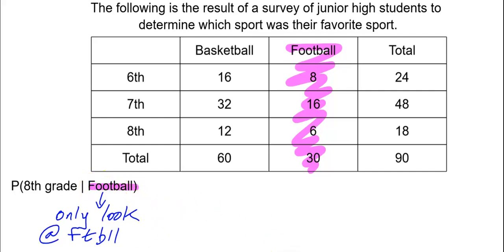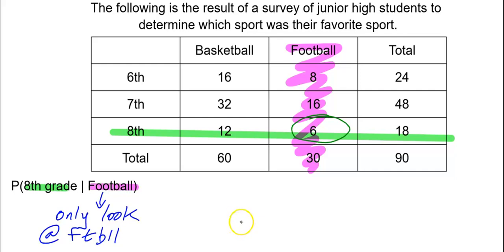Only look at the football. And the people in football I want to find are the 8th graders. So if I see where they mix right here, that's going to be the 6 people in 8th grade who said football was their favorite. 6 eighth graders, 30 people like football. And then I can reduce this to 1/5.